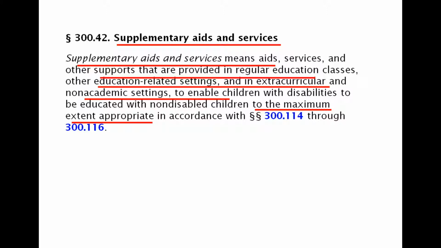So let's say that your child in the regular classroom can't learn because he has a behavior problem. Well, perhaps a behavior plan or an aid could assist him so that he can learn in that environment. Then one should be provided so that he can access the regular classroom.